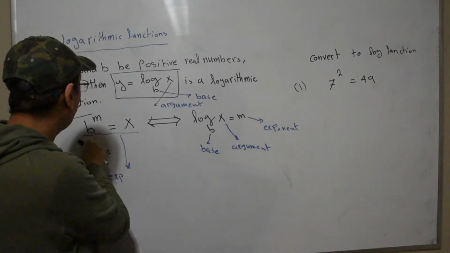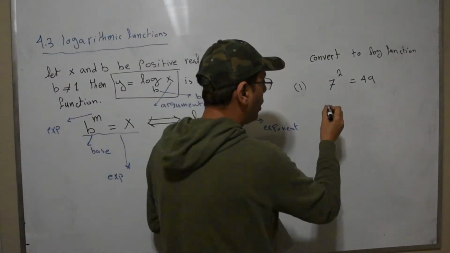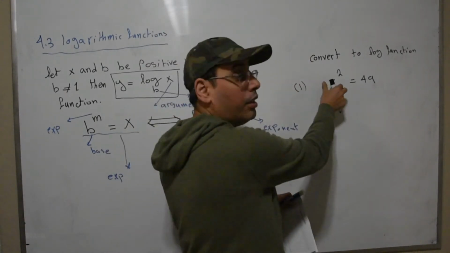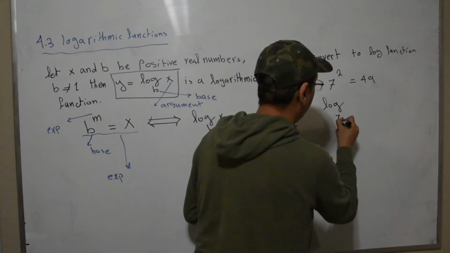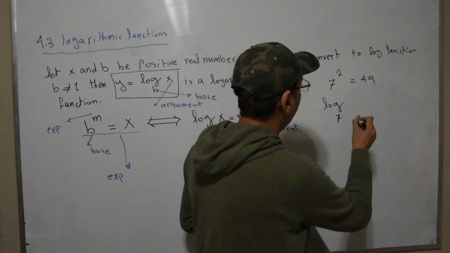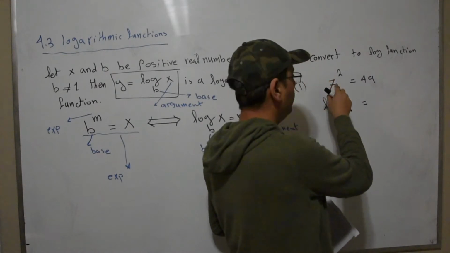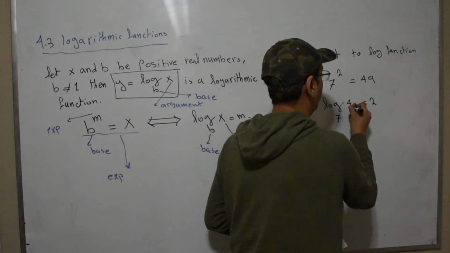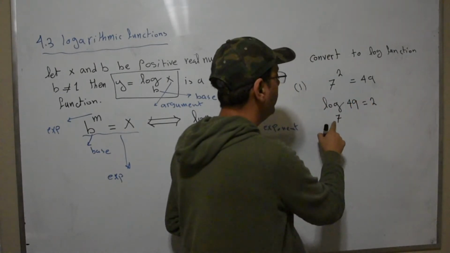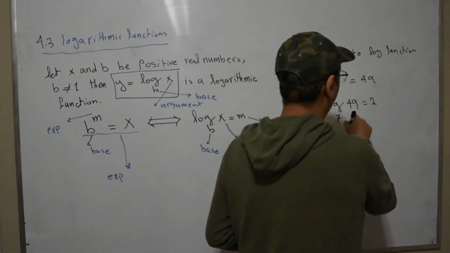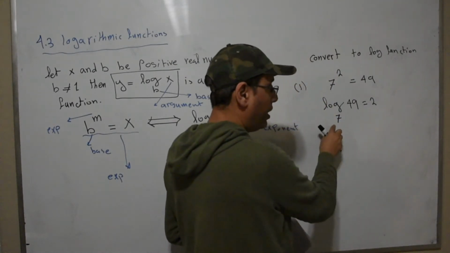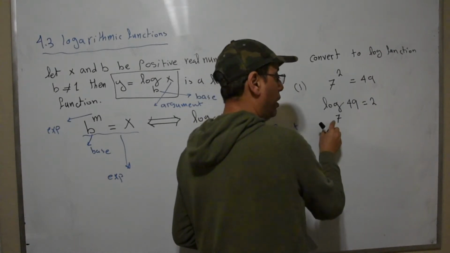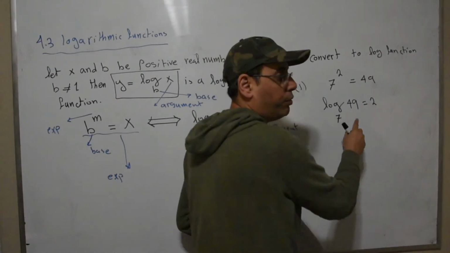Here I am going to define the base. Write log first. And what is the base here? Basically 7 is the base. I'm going to write equal here. What is the exponent? 2, so the exponent goes to the other side, and the answer becomes the argument. So log base 7 of 49 is 2. Why? Because 7 squared, base 7, exponent 2, equals 49.